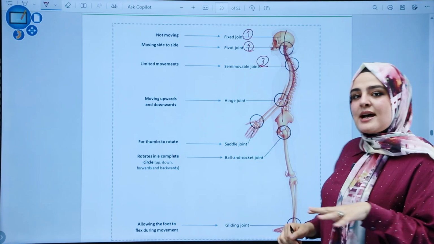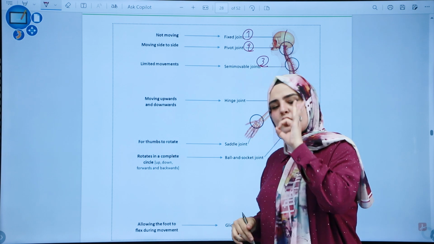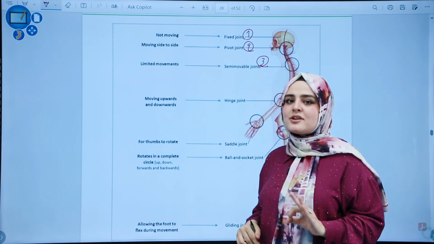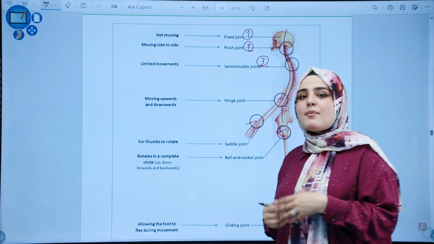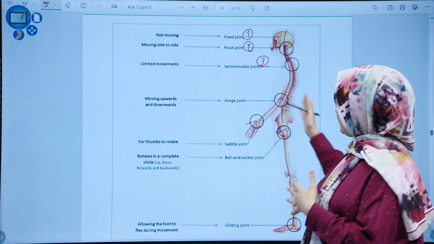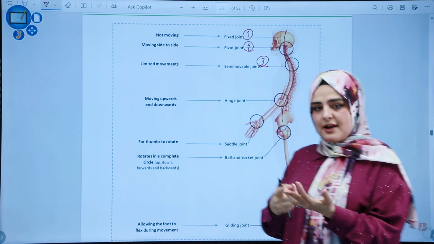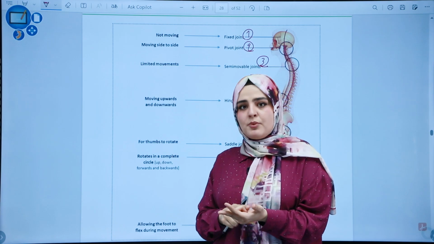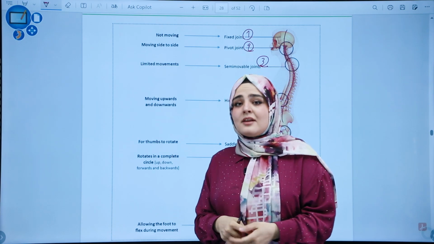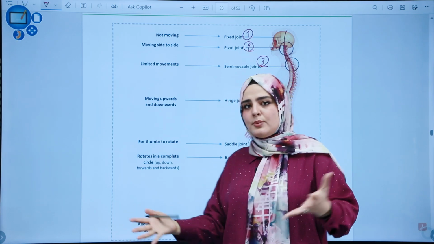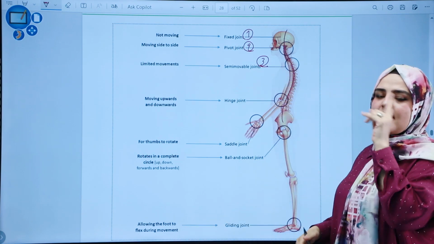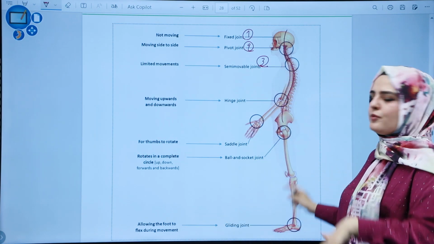So this shows that the axial skeleton has all 3 types of major joints. Good. What about the appendicular? Since we have the fixed and the semi-movable, both of them on the axial, didn't we say the rest of it are all movable? So the appendicular has only 1 type, which is all the movables.